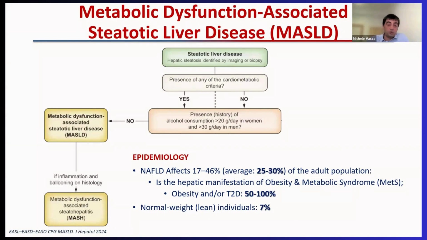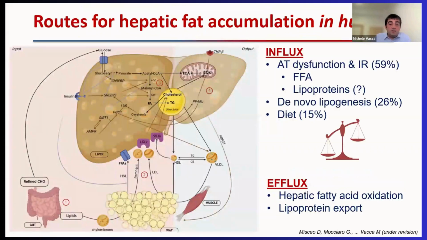So it's really important to understand why there is this association and what is the pathophysiological connection between metabolic syndrome, overweight, and obesity, and the roots of hepatic fat accumulation in humans.